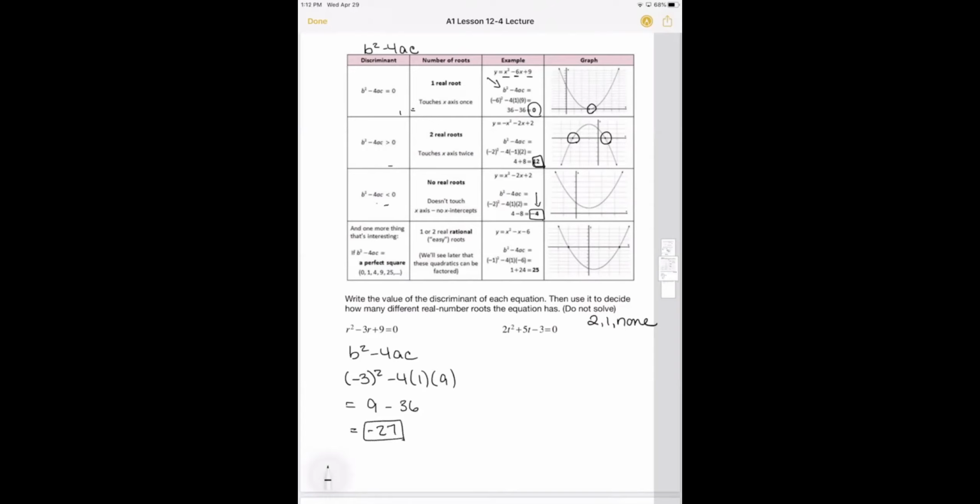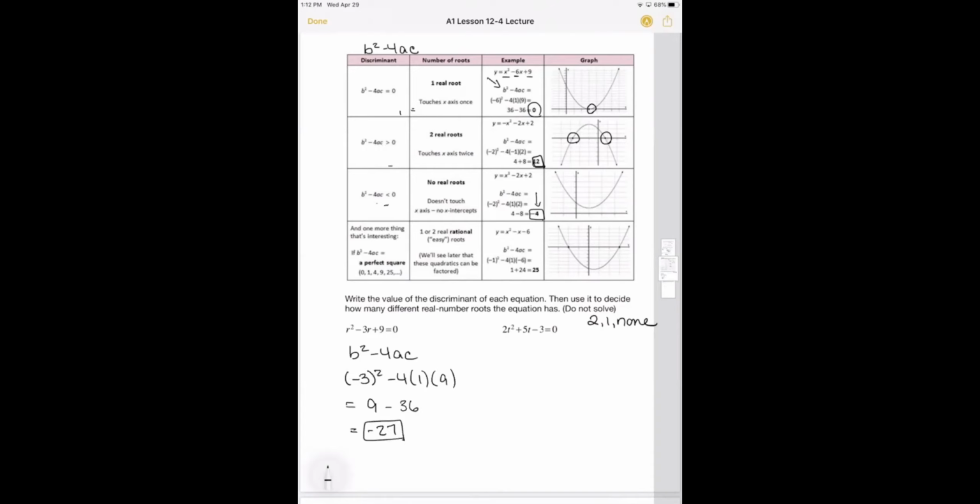That is my discriminant, okay? And it helps me discriminate by telling me what kind of answer will I have. How many real number roots will I have? Well, it is less than 0, and so there are no real roots. And so under that, I will simply put none.